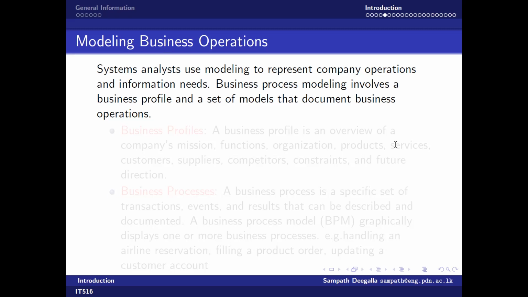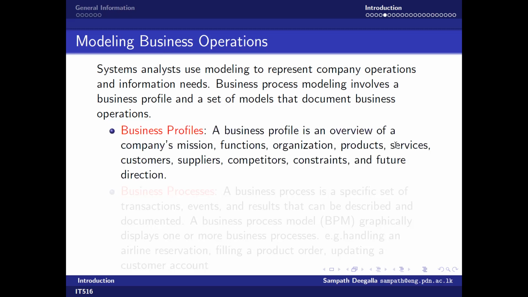Now, when I say business profile, it's very interesting. In any organization, you can see there will be a company mission. Then there will be functions, organization, products, services. And then we have customers, suppliers, competitors, constraints, and also future direction.